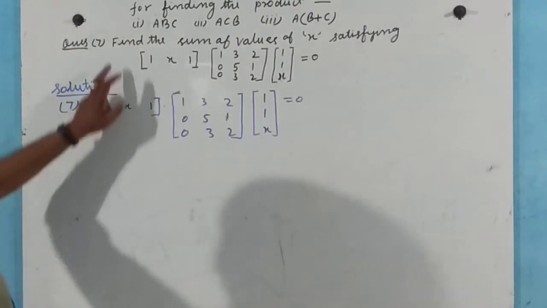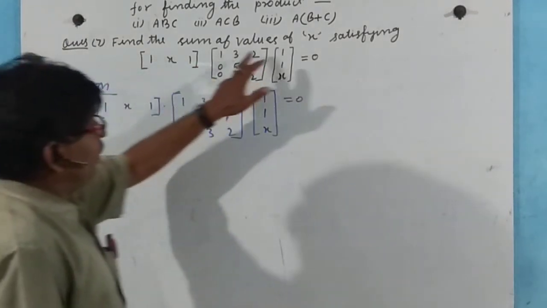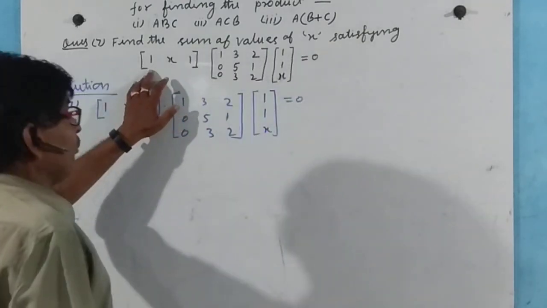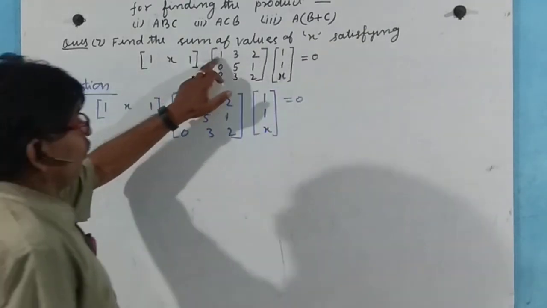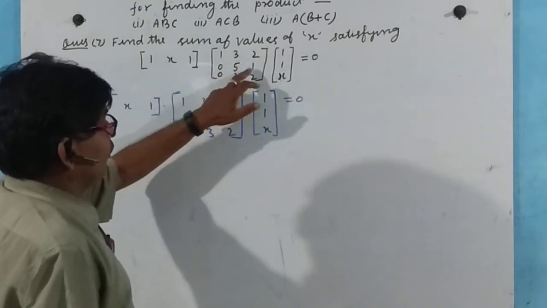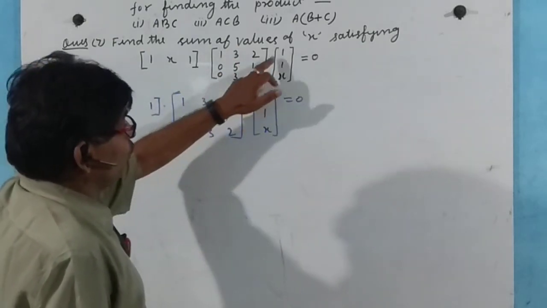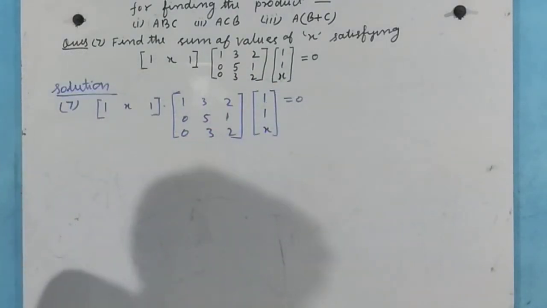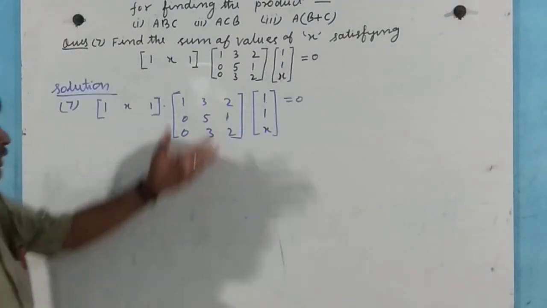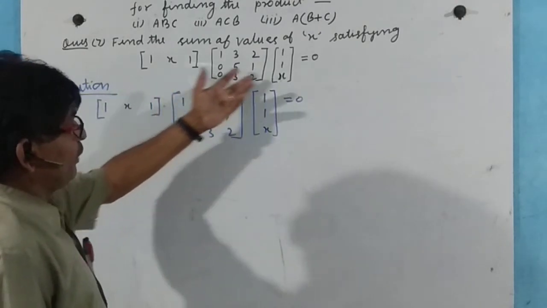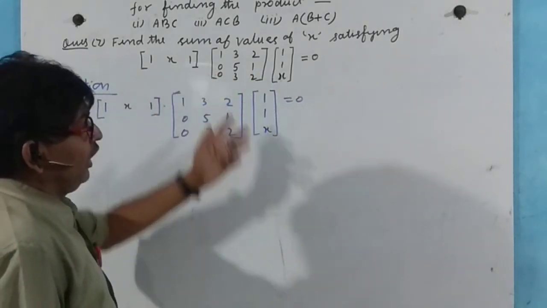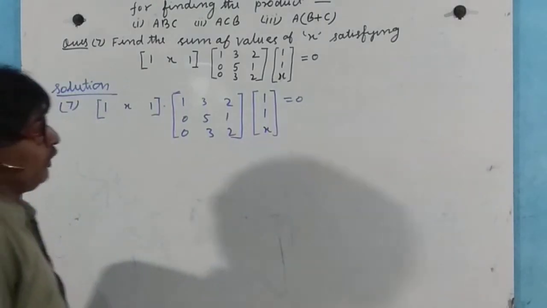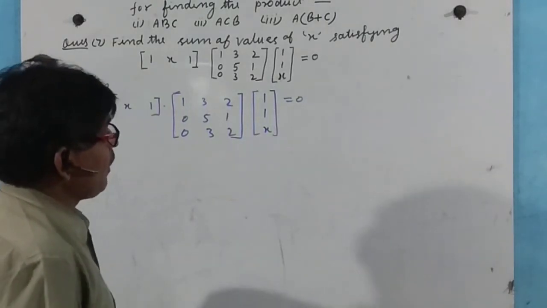Now question number 7. Find the sum of values of x satisfying the matrix [1 x 1] [1 3 2; 0 5 1; 0 3 2] [1; 1; x] equal to 0. It means that we multiply these matrices to each other, and then solving this we get the value of x.